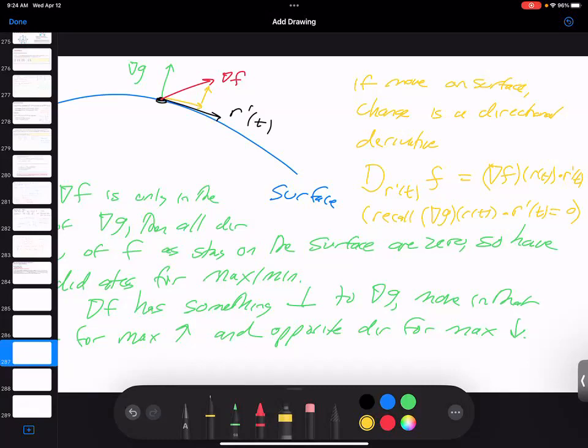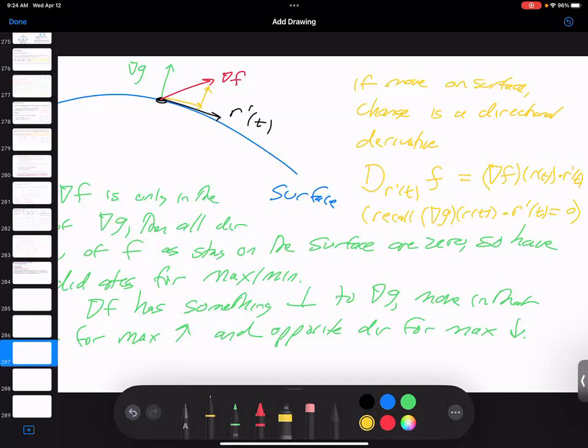So we want to try to find a way to determine, is this point a maximum candidate? Is this point a minimum candidate? We know every time we take the gradient of g at a point, it is always perpendicular to any direction we can move staying on the surface. If the gradient of f is only in the direction of the gradient of g, then we know all of these directional derivatives have to be 0.